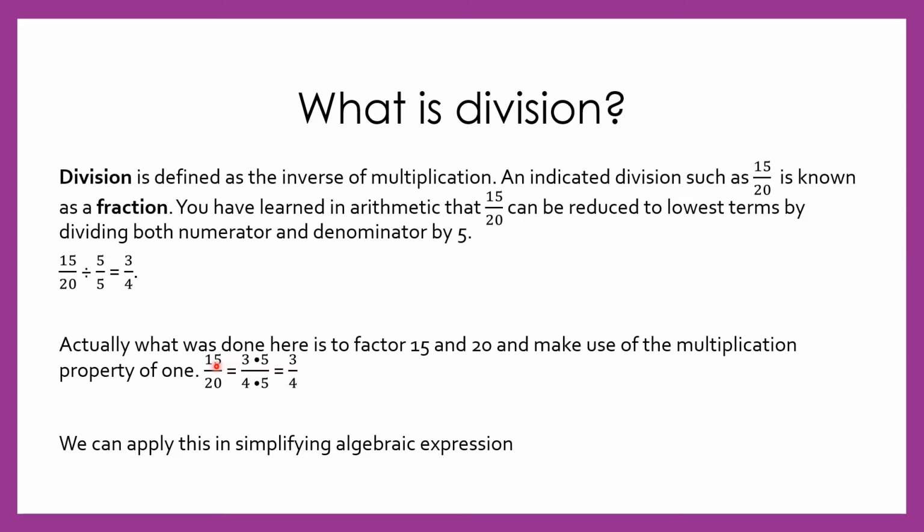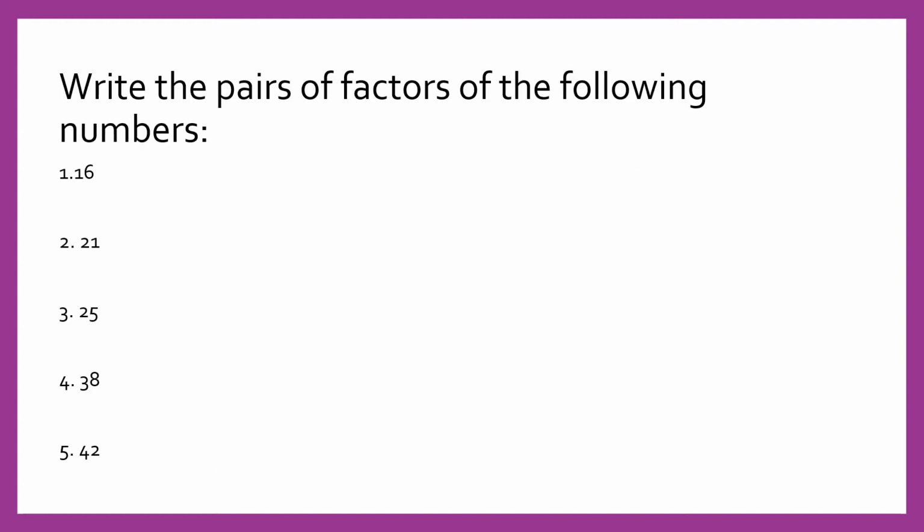So the factors of 15 are 3 and 5, and the factors of 20 are 4 and 5. So then we cancel 5. That's why we got 3/4. We can apply this in simplifying algebraic expressions. Write the pairs of factors of the following numbers.